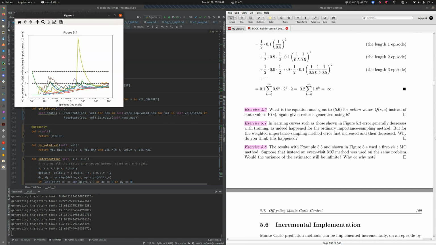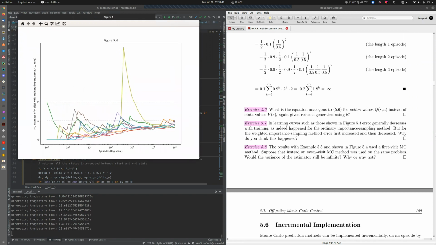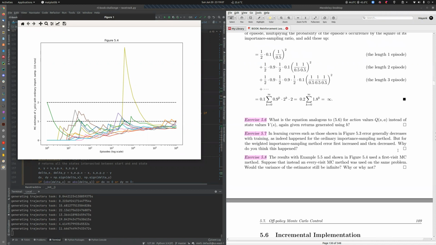So that is the diagram, the thing that we are discussing. This is from 10 to the power 6, a log scale that we have taken. It tries to converge, but the variance is still large with respect to every episode that's happening.